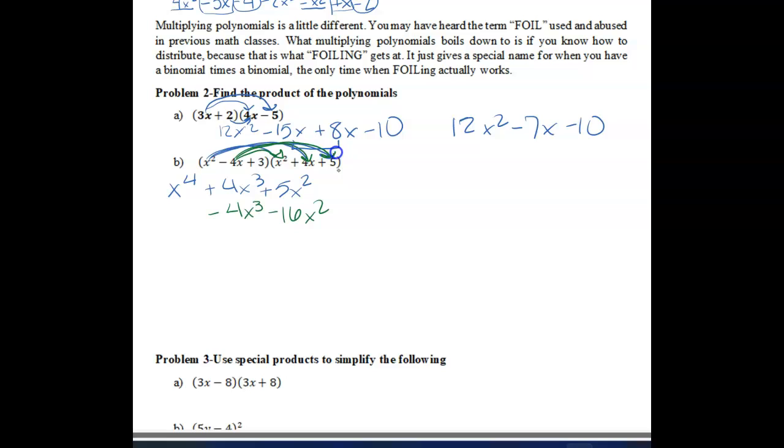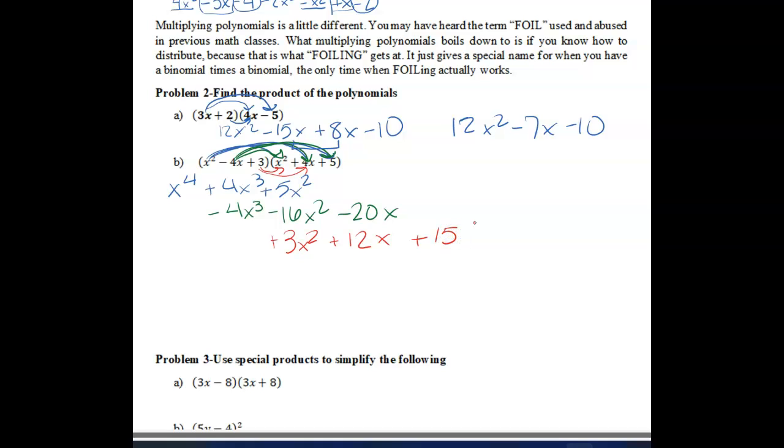Negative 4x times 5 should yield a negative 20x. Alright, and then finally, take your 3 times all of that mess, so you get positive 3x squared, and then you get 12x, and then you get plus 15.